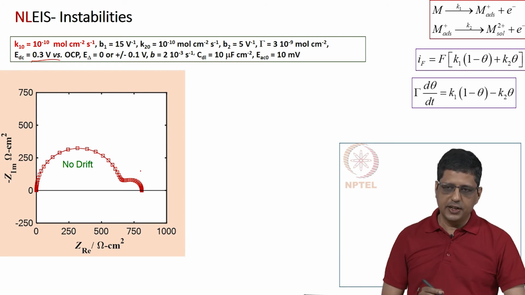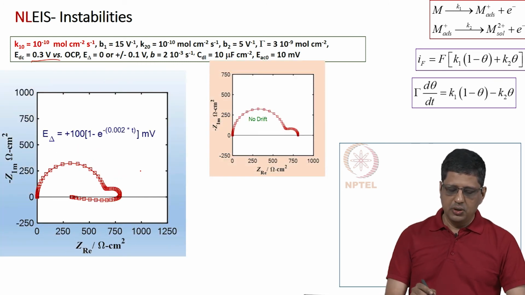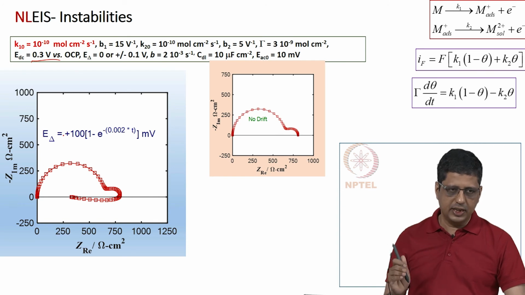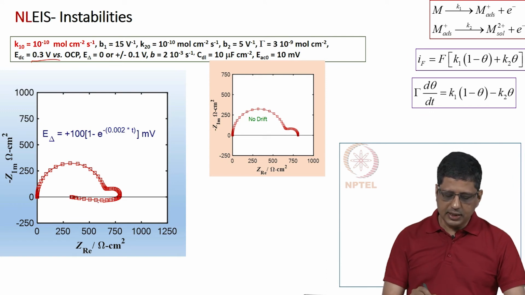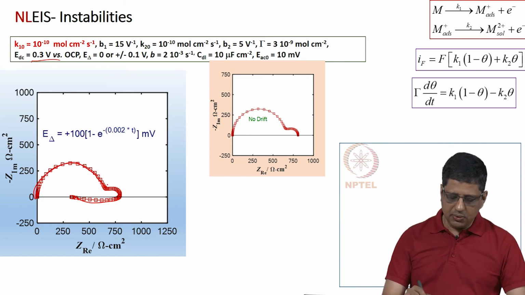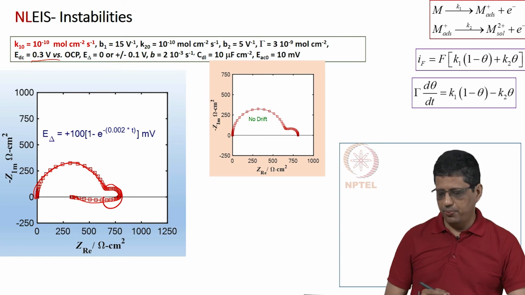Now, if there is a drift, you can guess how it is going to appear. It is not going to look like this, right. So, if there is a drift where the open circuit potential decreases with time, that is DC bias versus OCP increases with time, we see something similar to an inductive loop, not a clean capacitive and inductive loop.